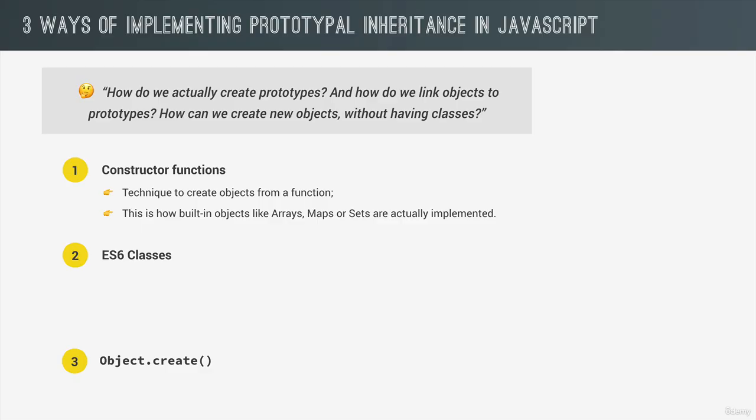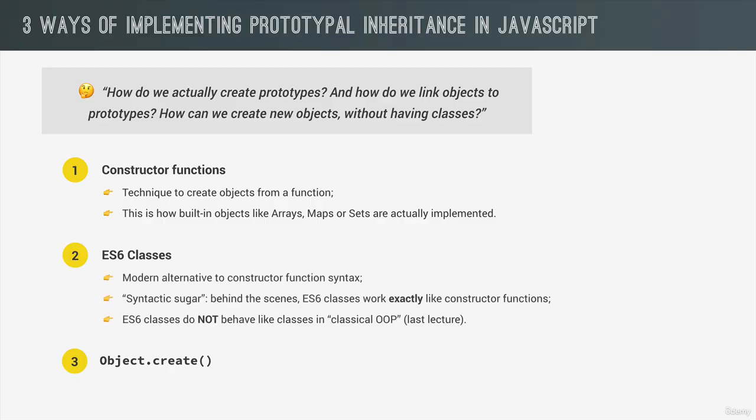Next, the ES6 release introduced classes into JavaScript. And so now, ES6 classes are actually the more modern way of doing OOP in JavaScript. However, keep in mind that these are actually not the kind of classes that we talked about in the last lecture and in the last slide. They are, instead, just so-called syntactic sugar over constructor functions.